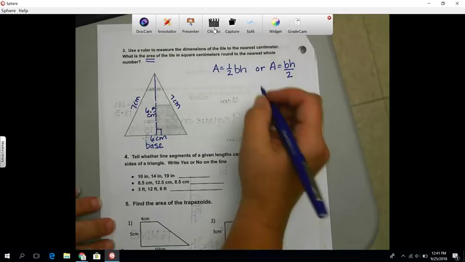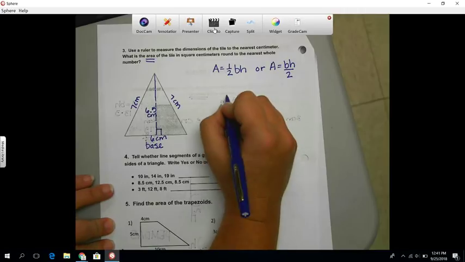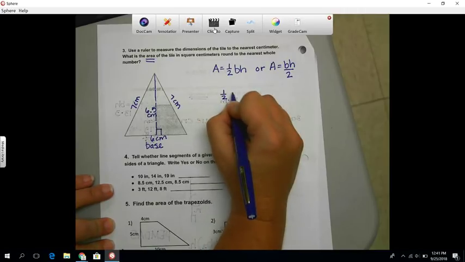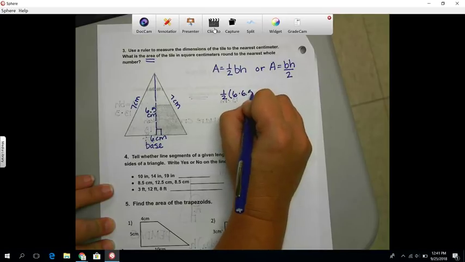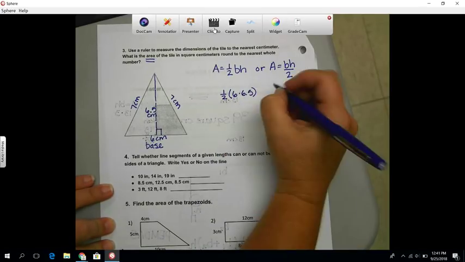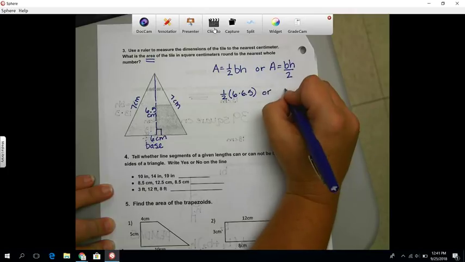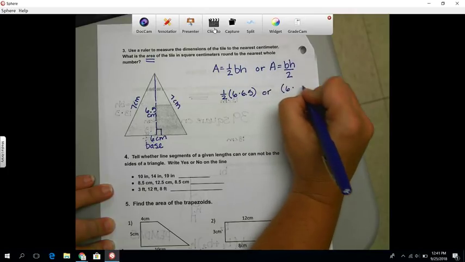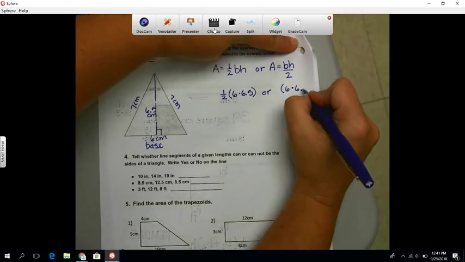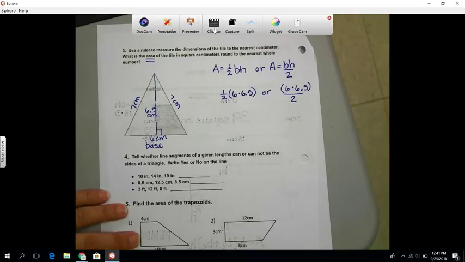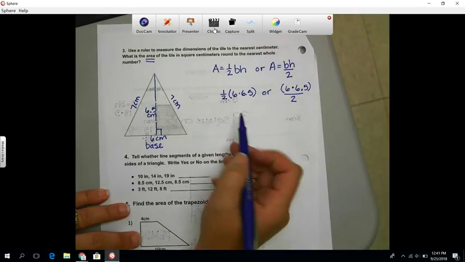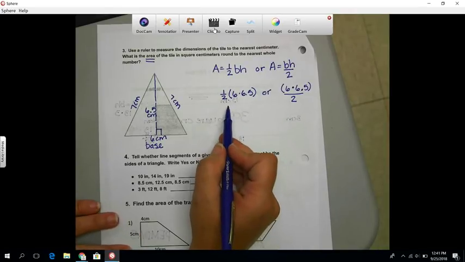We have right here, we have 1/2. The base is 6 times 6.5. Or if we do this formula, we would do 6 times 6.5 divided by 2. Remember, we get the same thing if we do the reciprocal, or we divide by half, or divide by 2.